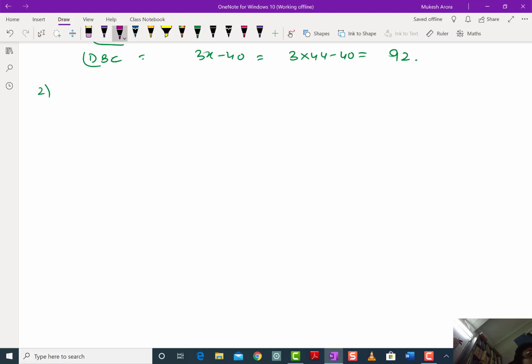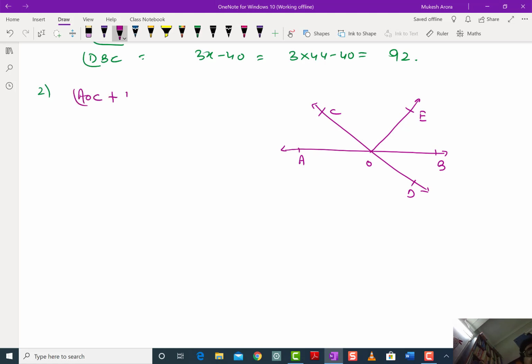Question number 2. In a given figure, A, O, B, E, C and D. The question is angle AOC plus angle BOE is equal to 70.